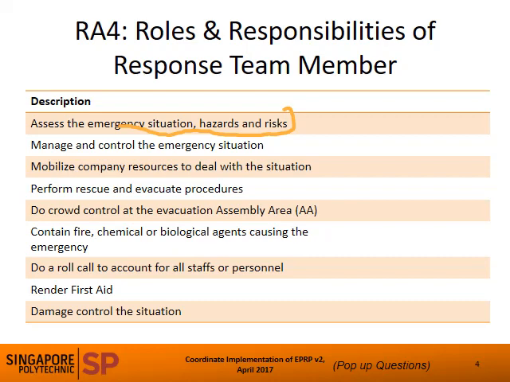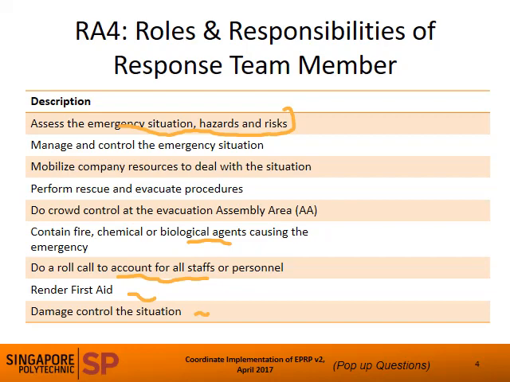You might also need to perform rescue and evacuation procedures, do crowd control at the evacuation assembly area, contain fire, chemical or biological agent at the facility that has potential release, do a roll count to account for all staff and personnel, render first aid, and damage control. So these are some of the roles and responsibilities of an emergency team member.